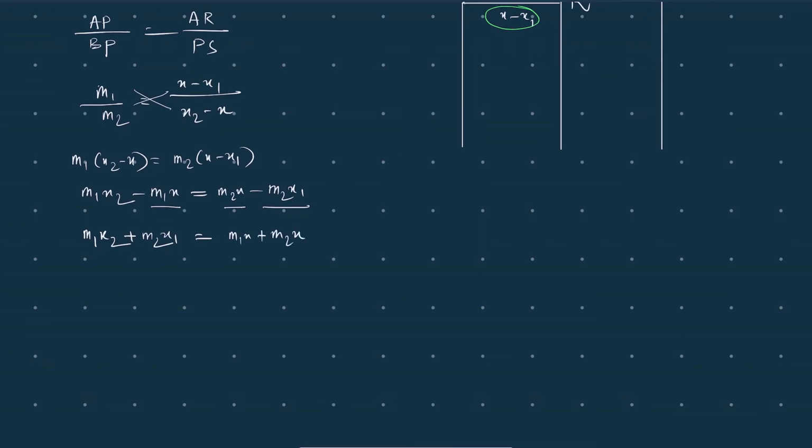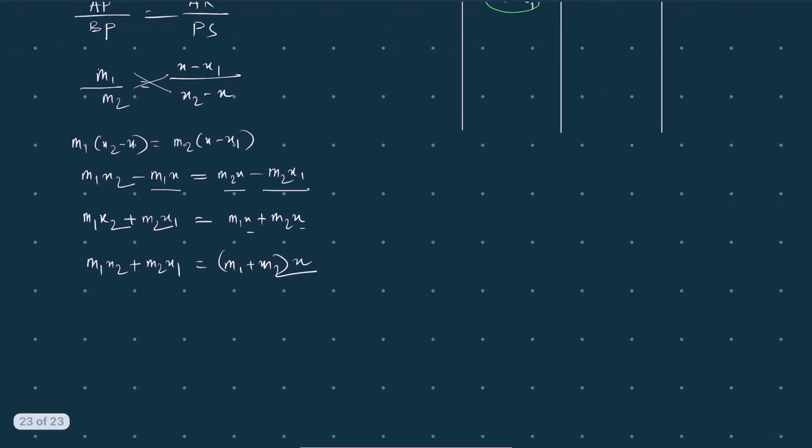M2x. Now here x and x is common, that's why you will take the common outside. So this is going to be M1x2 plus M2x1 is equal to m1 plus m2 into x. Okay, now what is x?